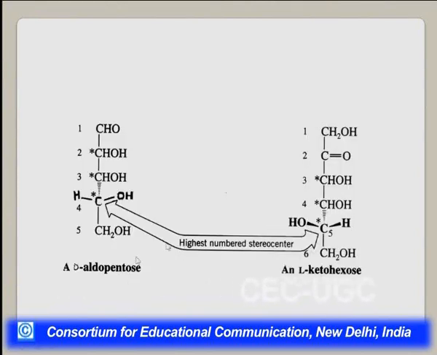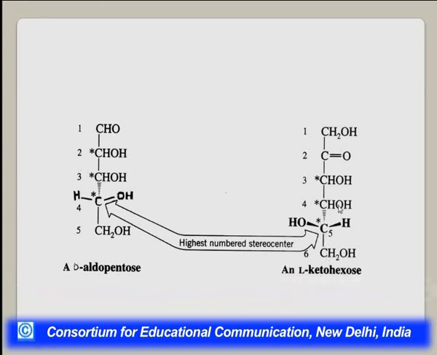If you see these two figures, one is an aldopentose and the other is an L-ketohexose. How many carbon atoms are there? 1, 2, 3, 4, 5, 6. So how can we define capital D and capital L for a monosaccharide? Look at the last asymmetric carbon atom. This one is not asymmetric, because two hydrogen atoms are attached to the same carbon atom.